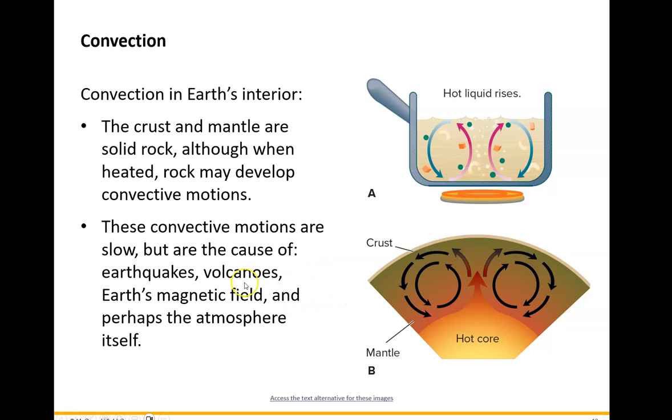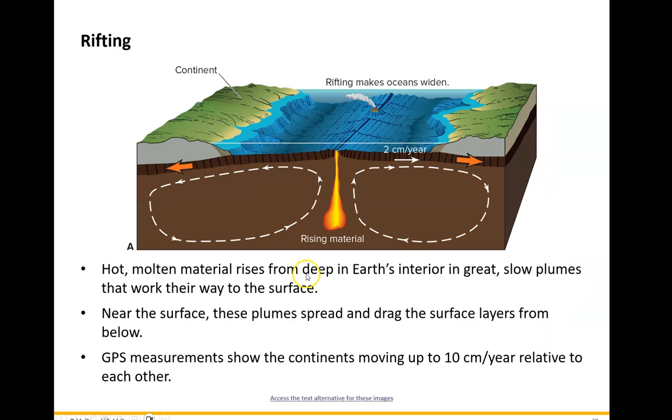But that information gets frozen, if you will, in the lava that solidifies, and you can see little pieces of iron that line up with the direction of the magnetic field in the past. All right, so this is a good example of this convection.